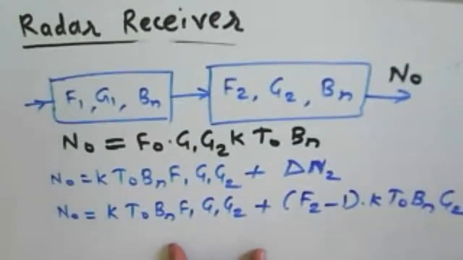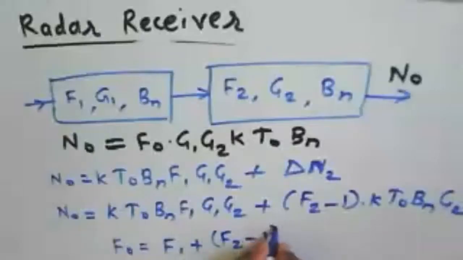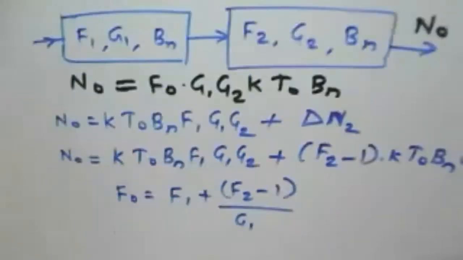So in terms of noise figure, we can write F0 is equal to F1 plus (F2 minus 1) by G1. We get F0 because N out, that is N0 here, is divided by k T0 Bn.